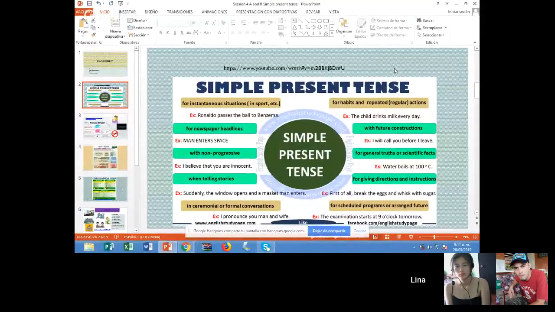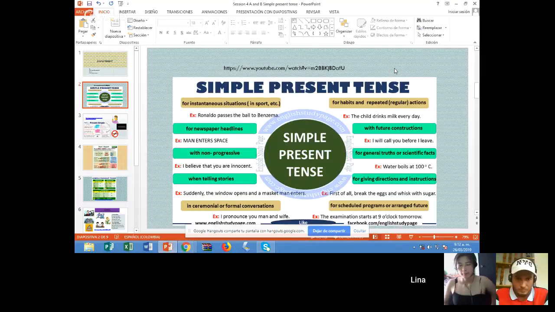The simple present tense is used for instantaneous situations, for example, in sports or in some jobs, for newspaper headlines with non-progressives, when telling histories, in ceremonial or formal conversations, for habits and repeated regular actions, for future constructions, for general truths or scientific facts, for giving direction and instructions, for scheduled programs or arranged future.